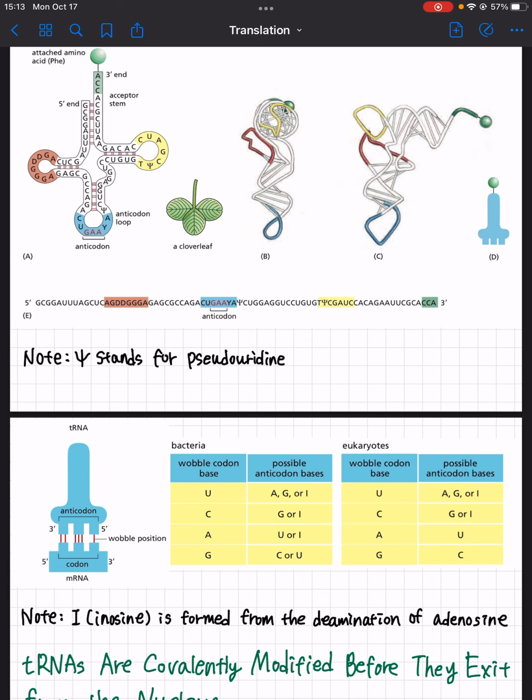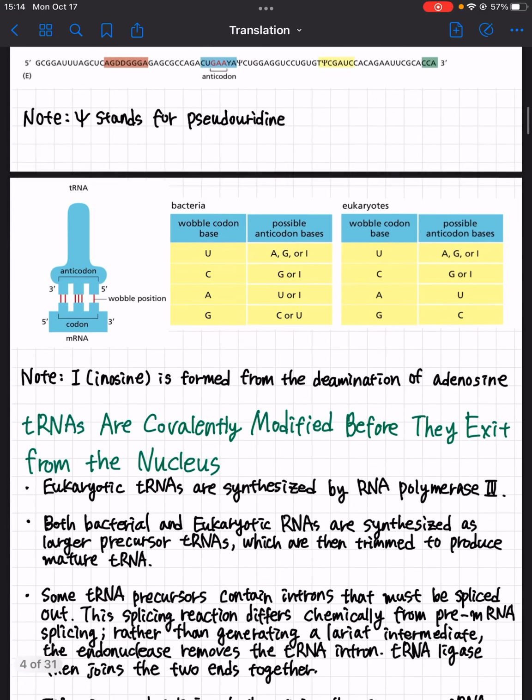Over 50 different types of tRNA modifications are known, and some of the modified nucleotides, most notably inosine, produced by the deamination of adenosine, affect the conformation and base pairing of the anticodon and thereby facilitate the recognition of the appropriate mRNA codon by the tRNA molecule. Others affect the accuracy with which the tRNA is attached to the correct amino acid.